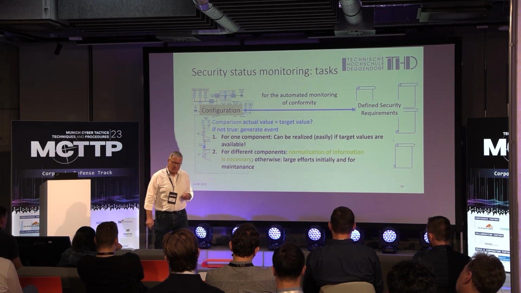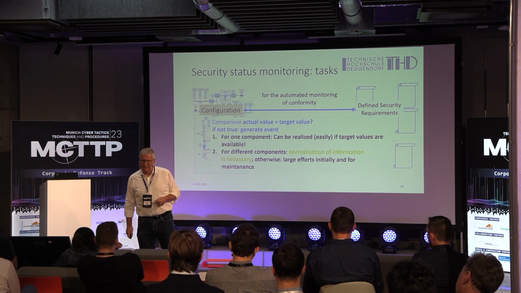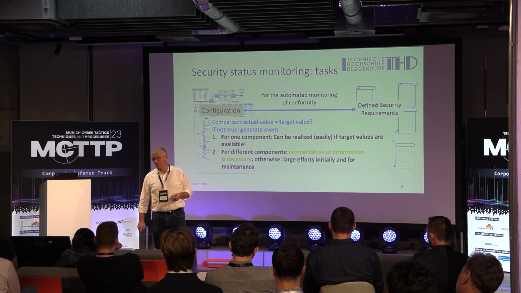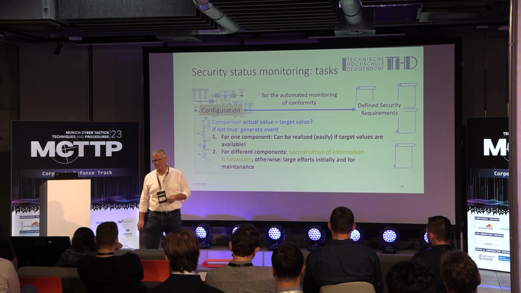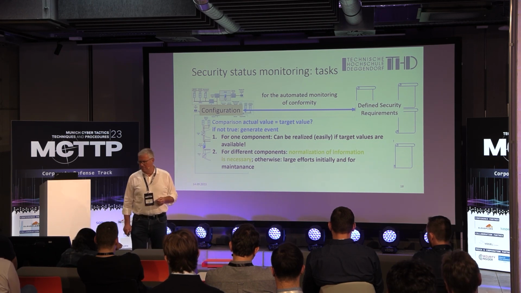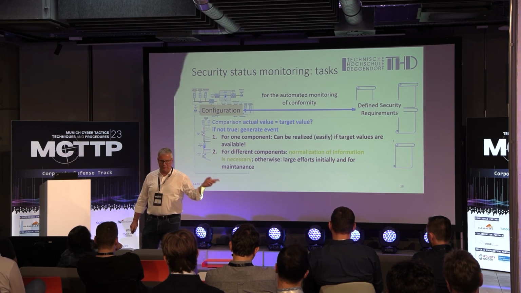If we look at these IACS, we have different components, about 100, things like that. So to make the comparison to the target value, we need something like normalization, because not every parameter name means the same for the next component.